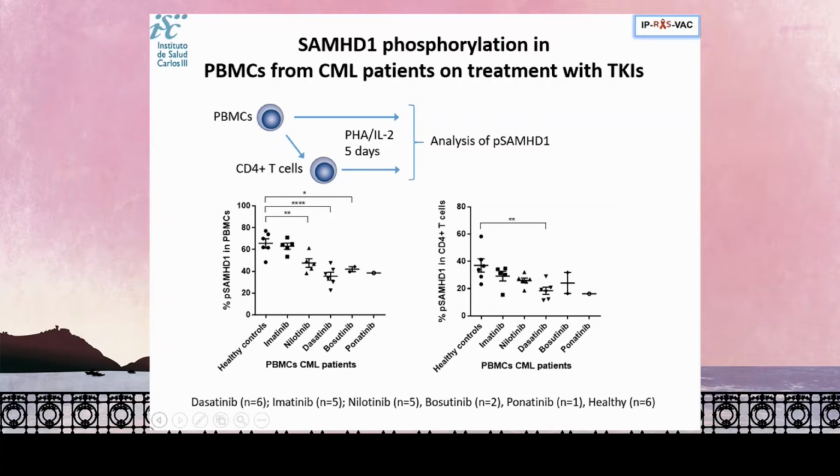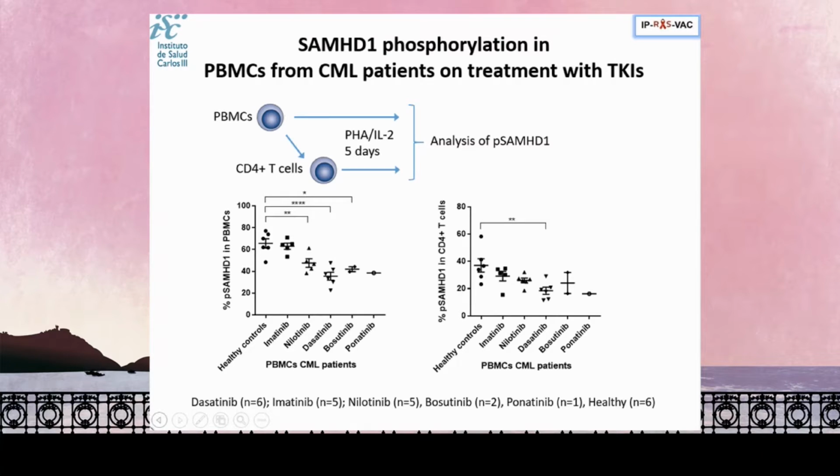We observed that in all of them, with the exception of imatinib, there was a poor response in the phosphorylation of SAMHD1. When CD4 cells specifically were analyzed, we again observed that the most potent ones for decreasing the phosphorylation of SAMHD1 were all except imatinib, which was the least potent.